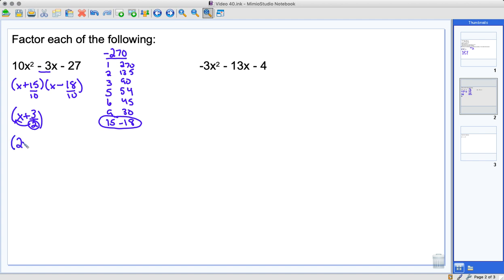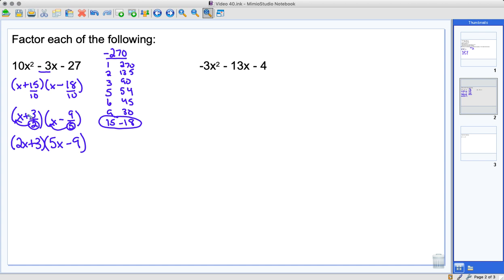So we're going to have 2x plus 3. Same thing here. 18 divided by 10 is not a whole number, but that does simplify because 2 goes into both of those. So it would be 9 over 5. Take the 5, move it out in front. So 5x minus 9. Okay, that's probably one of the hardest problems that you will have to do.